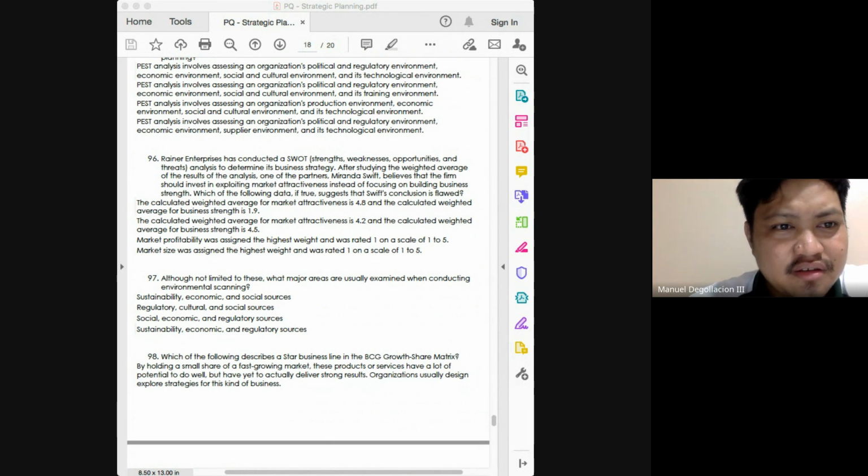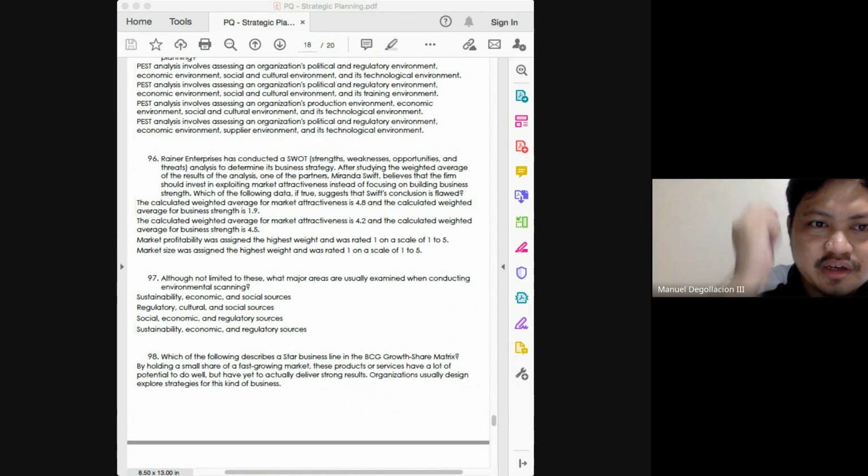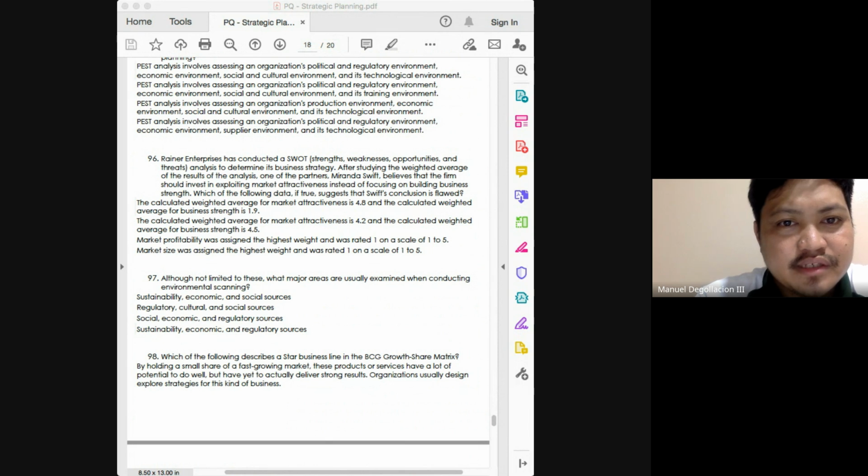Since the business strength is low, it would be highly advantageous to improve this one. Let's go over the other choices. The calculated weighted average for market attractiveness is 4.2, and the calculated weighted average for business strength is 4.5. This would be incorrect.